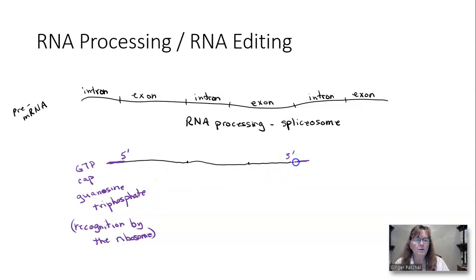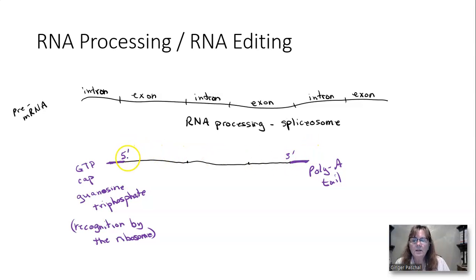So over here we have what is called a poly-A tail. And a poly-A tail is numerous adenines that are tacked onto the end of this. What it does is it protects the genetic information from being degraded.